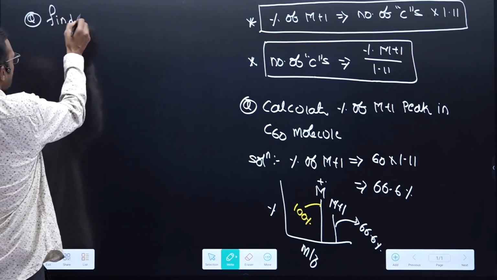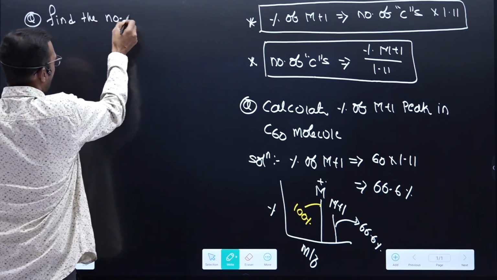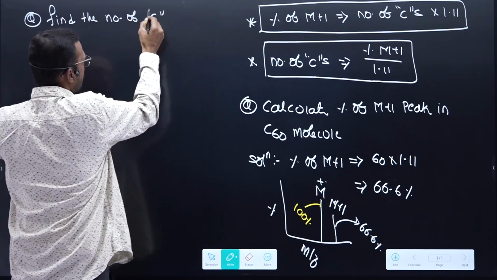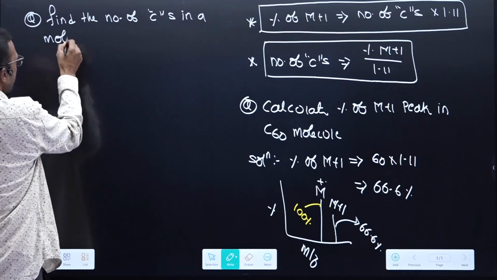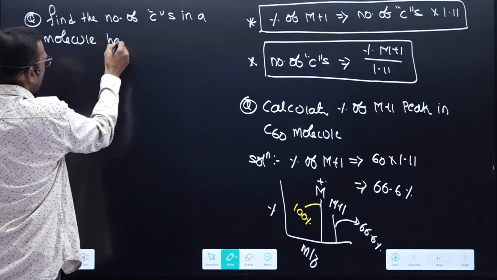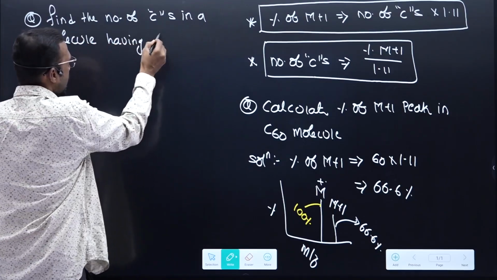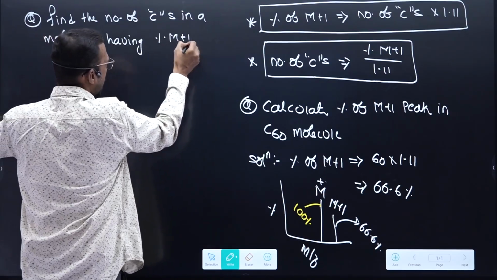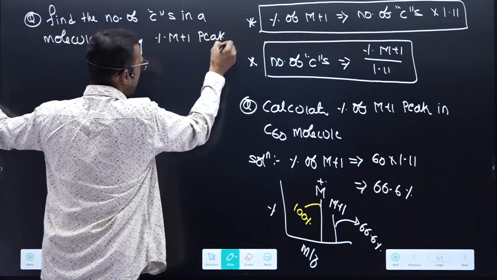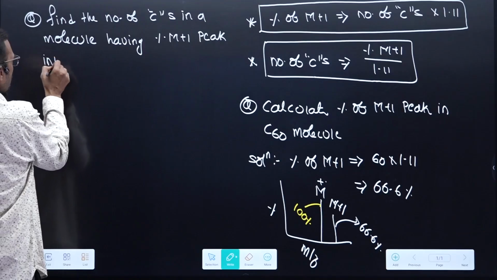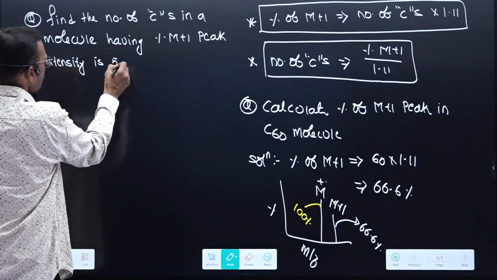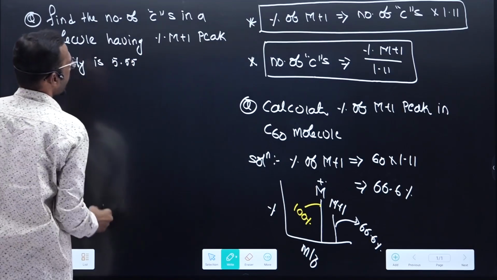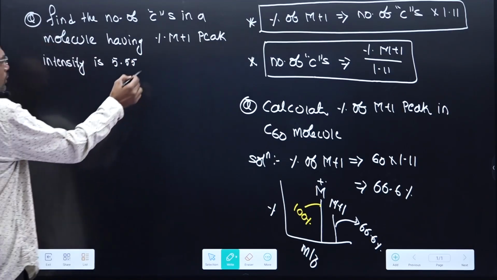So see this. Find the number of carbons in a molecule having M plus 1 peak intensity. I am giving the M plus 1 peak intensity as 5.55 percentage.